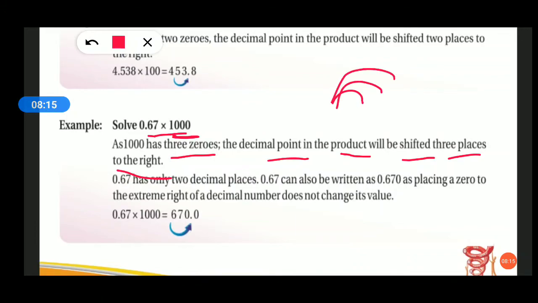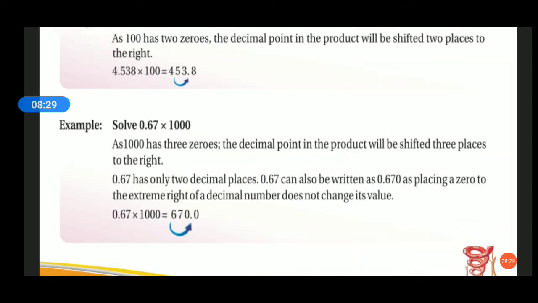Understood, students? 0.67 has only 2 decimal places. 0.67 can also be written as 0.670, as placing a 0 to the extreme right of the decimal number does not change its value. See, students, in the question we have only 2 decimal places, whereas you need to shift it 3 places.